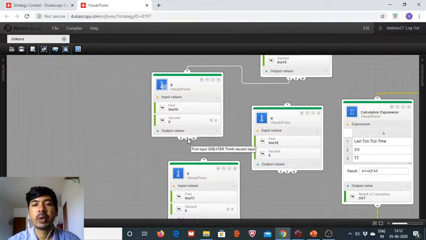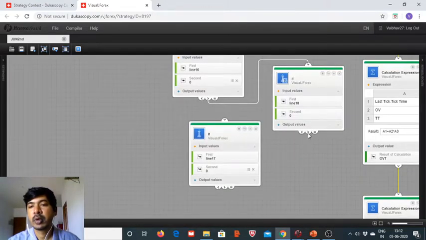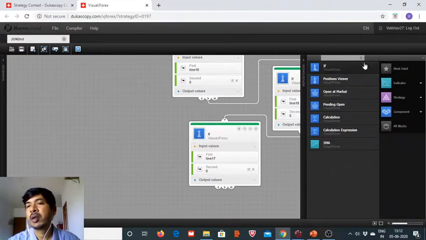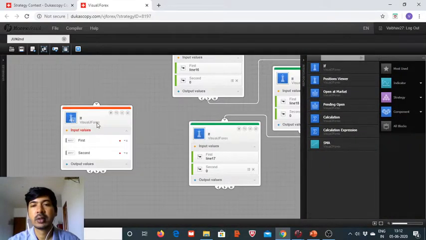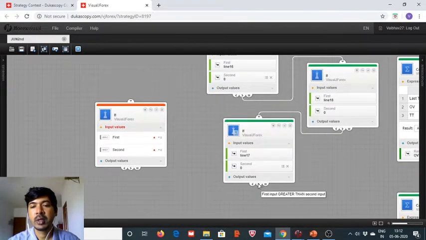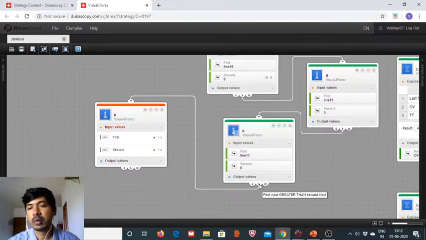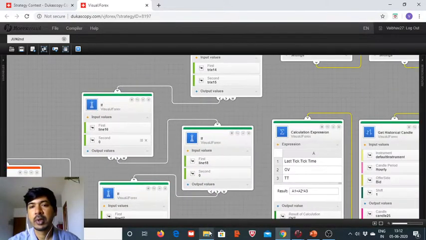So first input greater than second input, first input again greater than second input, and we need fresh 8 blocks. And here also first input greater than second input. So we have defined this.